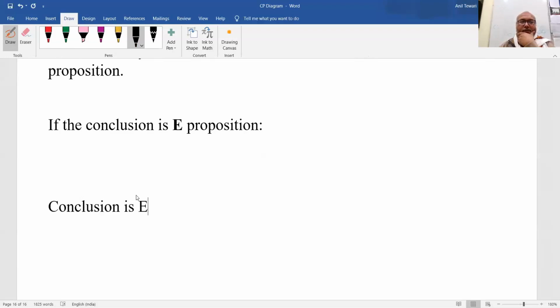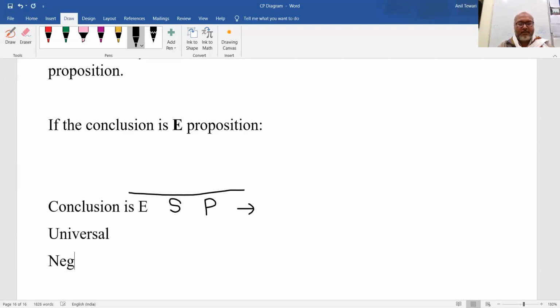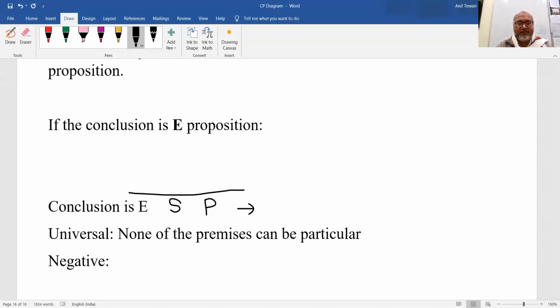So the moment you come to know that conclusion is E, and conclusion is always subject predicate, that you know, E proposition is number 1, it is universal, and then it is negative. So the moment you come to know that it is universal, none of the premises can be particular. Immediately आपको ये decision ले लेना.